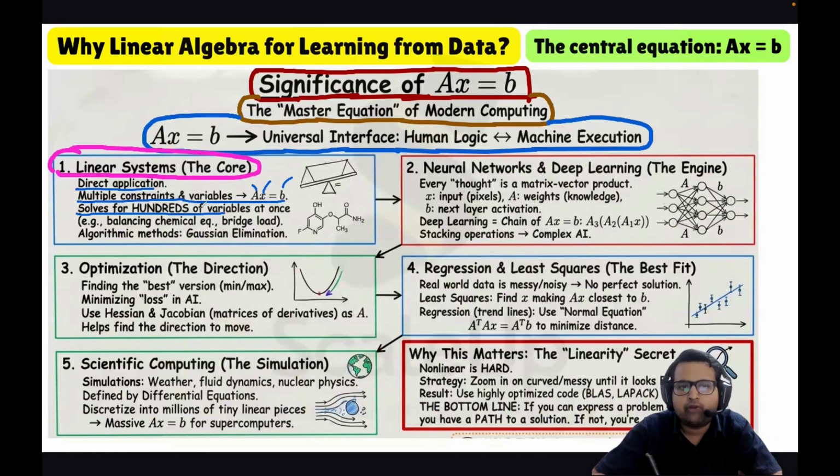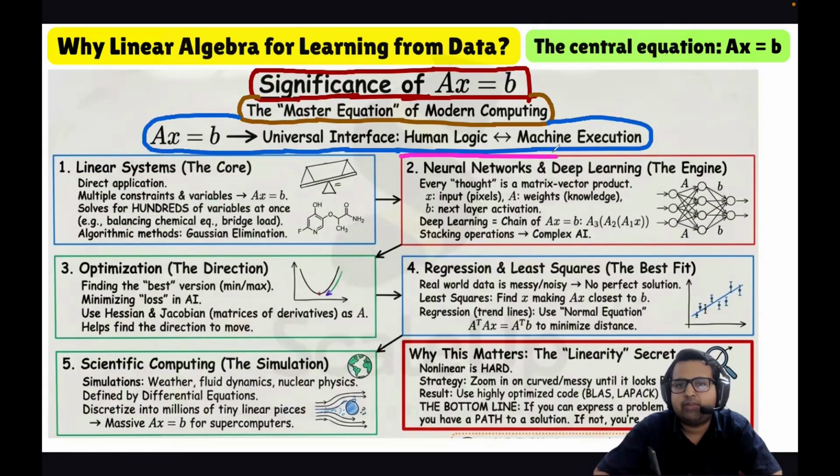It can be used for balancing a chemical equation or calculating the load-bearing capacity of a bridge, using algorithmic methods like Gaussian elimination.